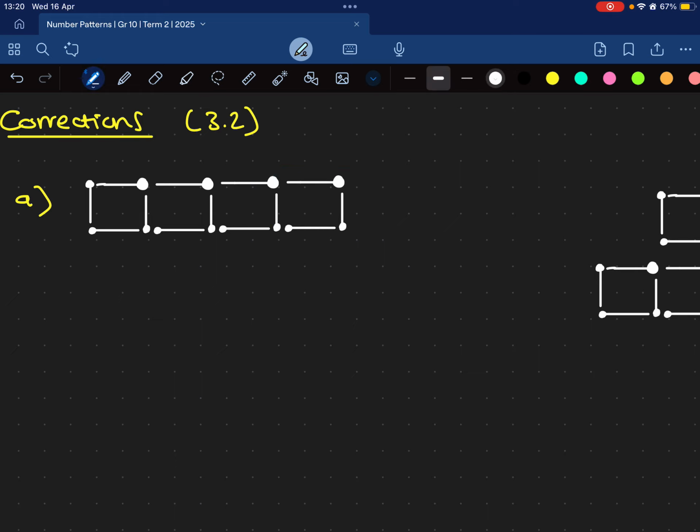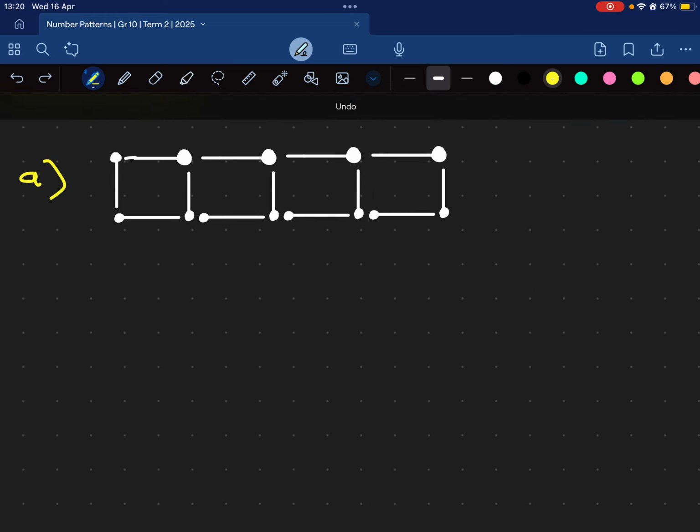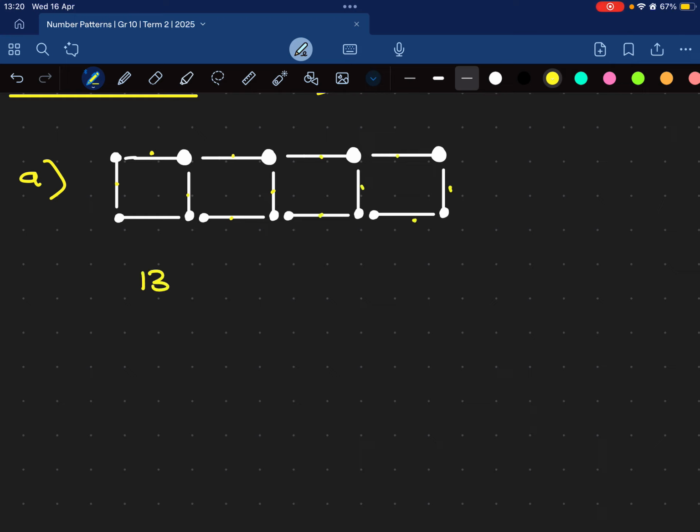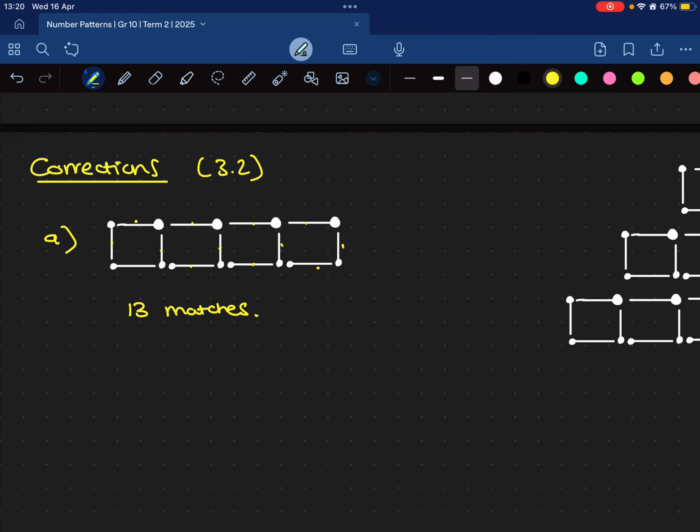Then it said how many matchsticks were used, so you're going to count: 1, 2, 3, 4, 5, 6, 7, 8, 9, 10, 11, 12, 13. So you would have needed 13 matches.